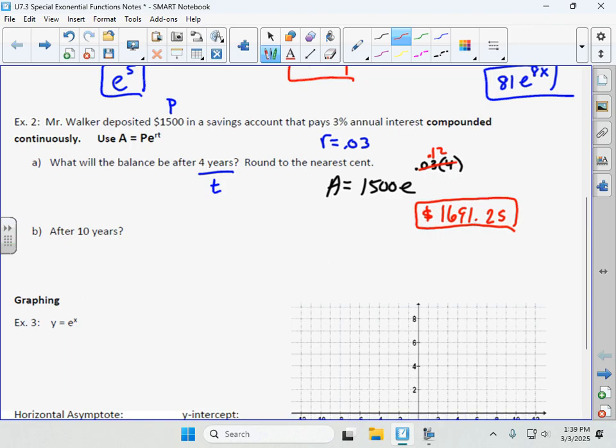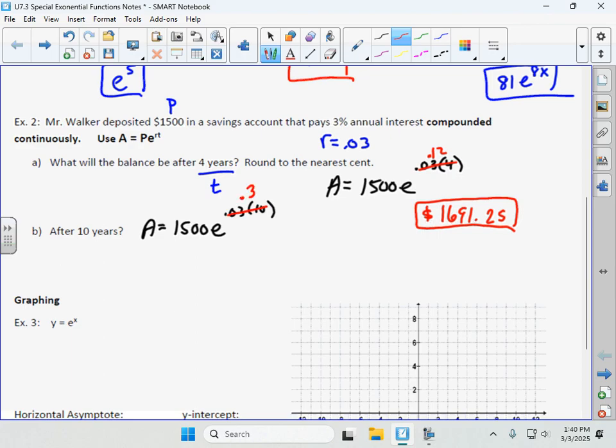Question b, how much is in the account after 10 years? We'll do the same thing, just changing t to 10 years. So e to the 0.03 times 10. Again, you can do 0.03 times 10 first, which is 0.3.